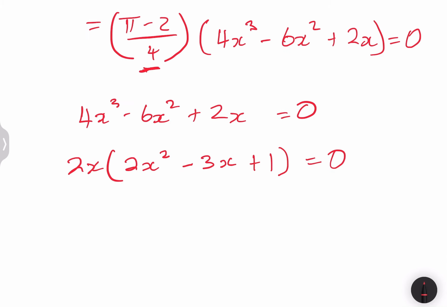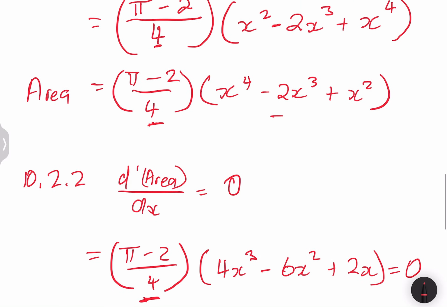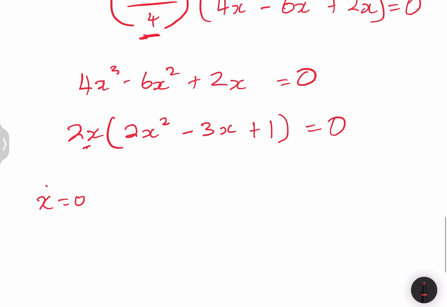So we know when we take that one there, it means that 2x is equal to 0, so x is equal to 0. This will definitely not be applicable, because when we substitute it back into the original, that will simply give us 0, right? Remember, we are trying to maximize.